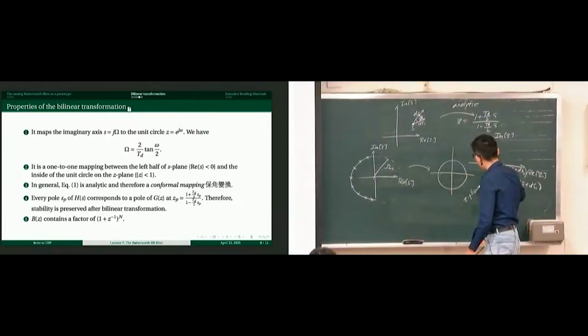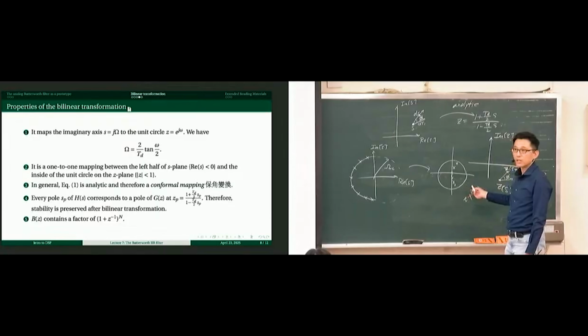Now these poles, wherever they are, are going to be inside of the unit circle. Might be something like that. We have equally many poles now in the Z domain, but all of them are guaranteed to be inside the unit circle. And isn't that great? It is great, right? Make the response great again, right?